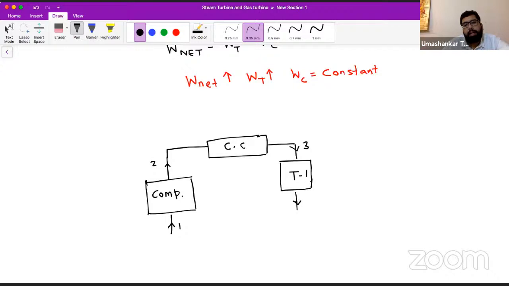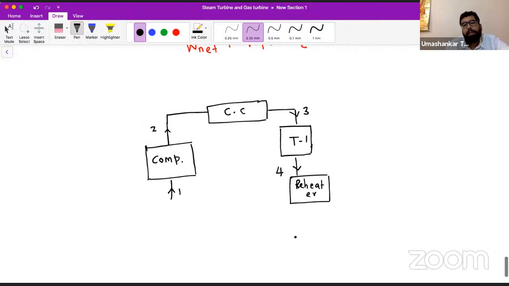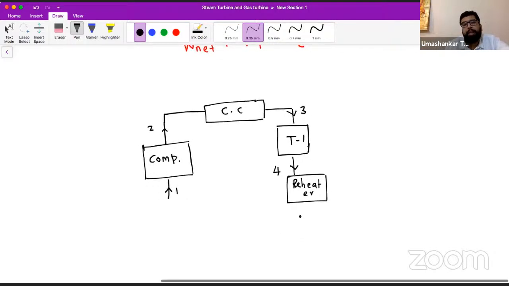Now after expansion from this turbine, it goes to a reheater, which is again a constant pressure device, and as the name suggests, it is adding heat into the system. So constant pressure heat addition is happening inside the reheater.